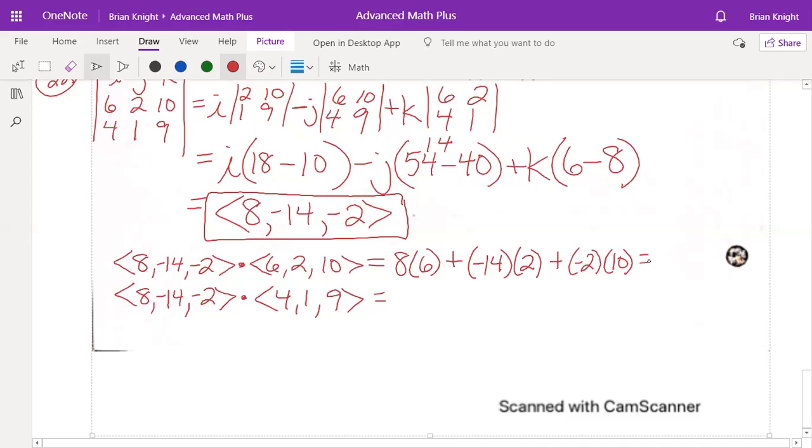Is it 0? Good. And then we have 8 times 4 plus negative 14 times 1 plus negative 2 times 9. 0.